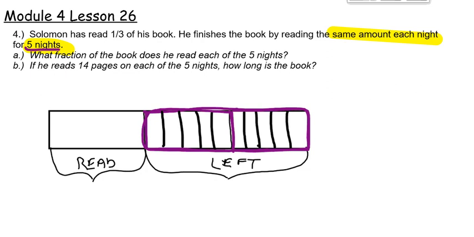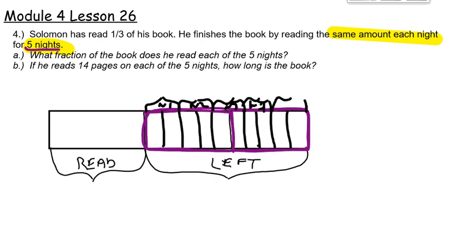Okay, so now, what do I do with that? Well, I need to show that space broken into 5 nights. So 10 units divided by 5 nights would be 2 units. 10 divided by 5 is 2. So this would be night 1. 2 more would be night 2. 2 more would be night 3. 2 more would be night 4.